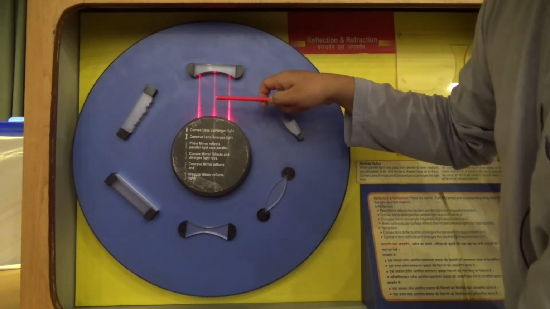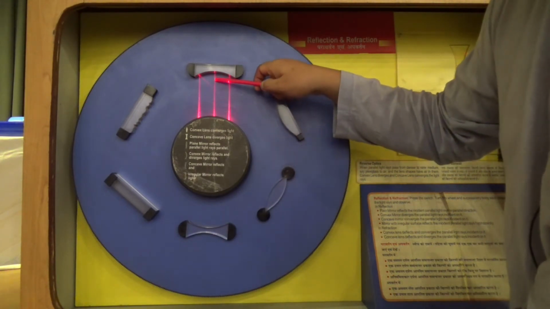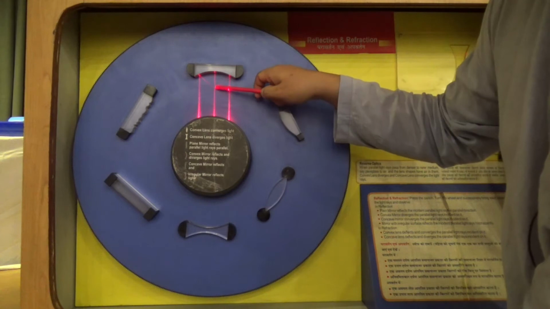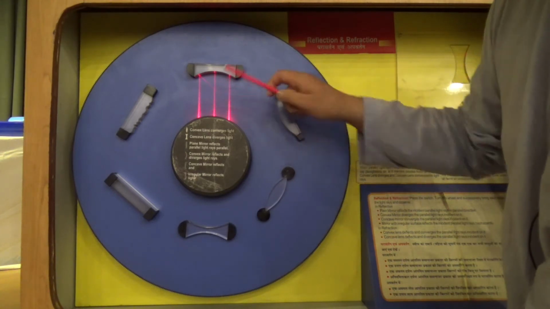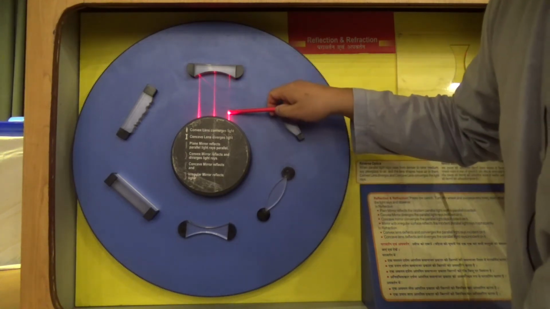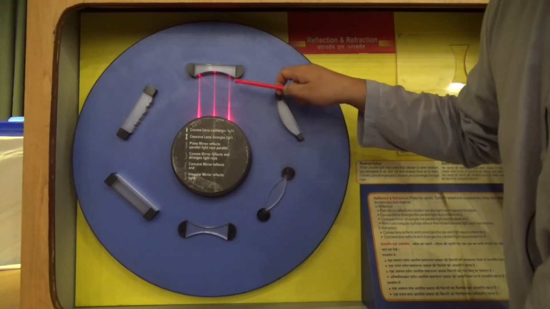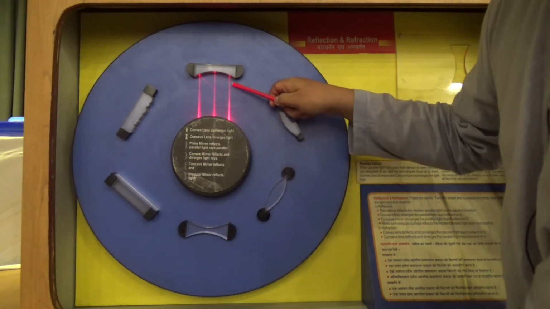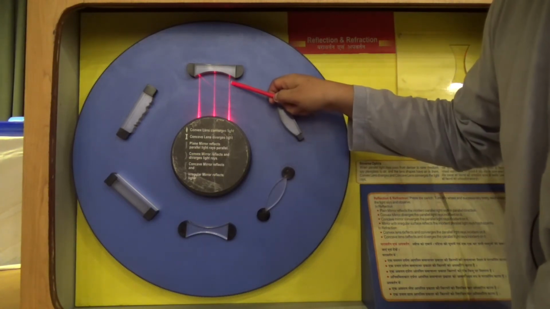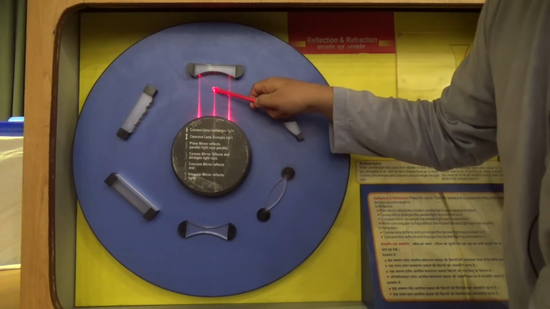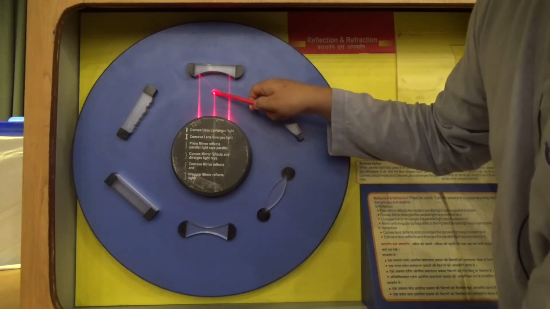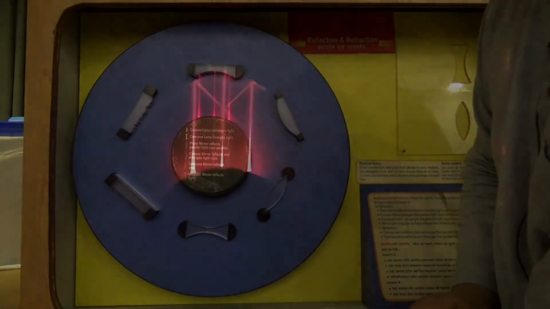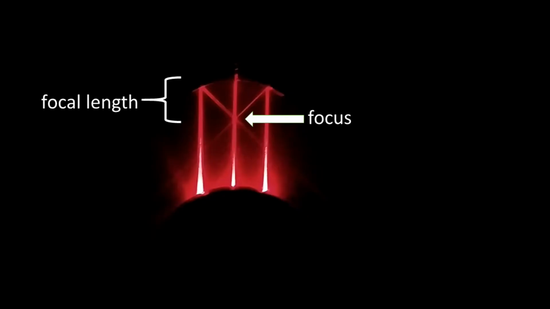The reflected ray simply traverses back in the same direction. And again, for this ray, being incident on this surface, the reflected ray will follow this direction. Now, there is an interesting point where all these reflected rays of light meet.